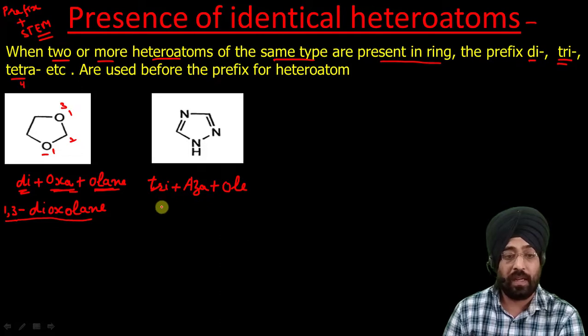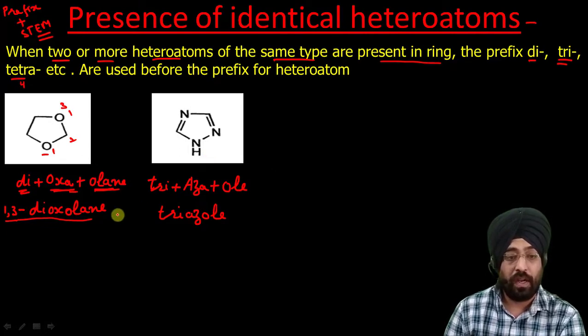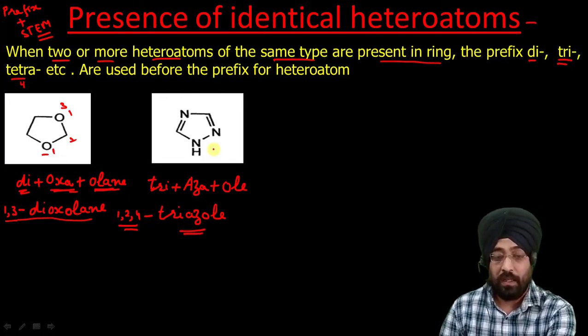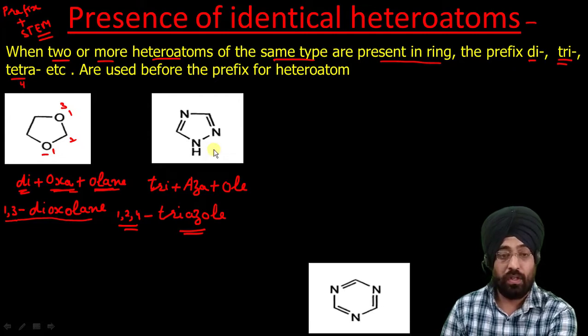So the name becomes triaza; we have to drop this a, triazole. Now we also have to number this. If we number it, it will be 1, 2, 3, 4, so 1,2,4. Numbering I will discuss in my next slides. It is 1,2,4-triazole. That is the name for this compound according to the Hantzsch-Widman rule.